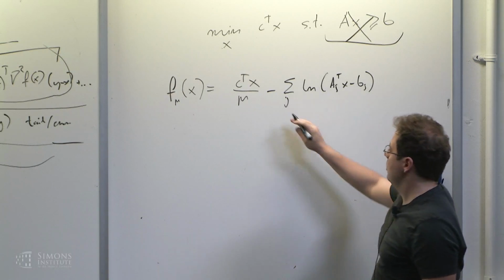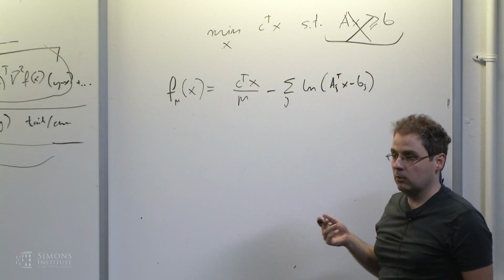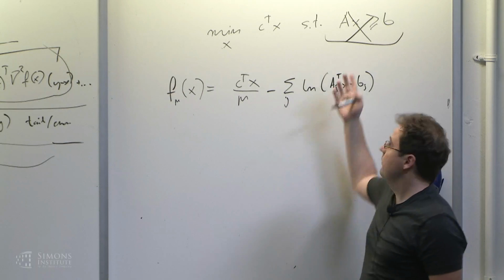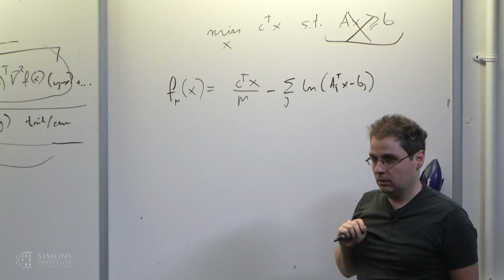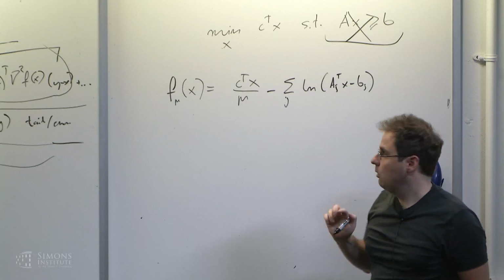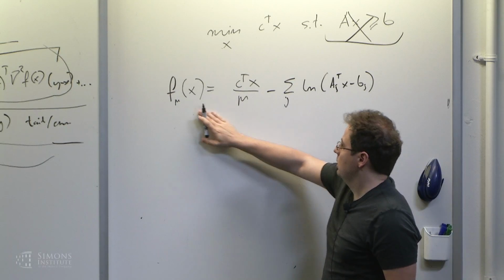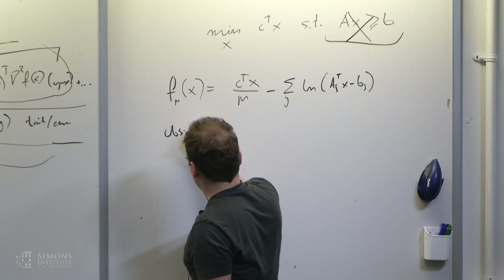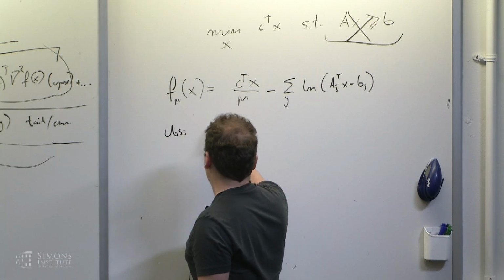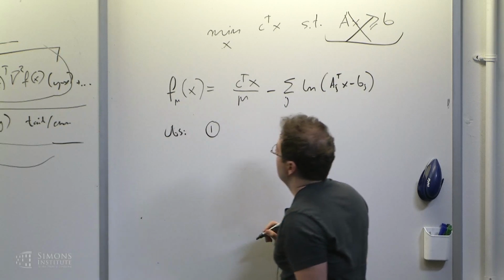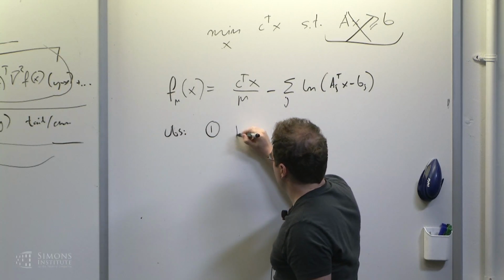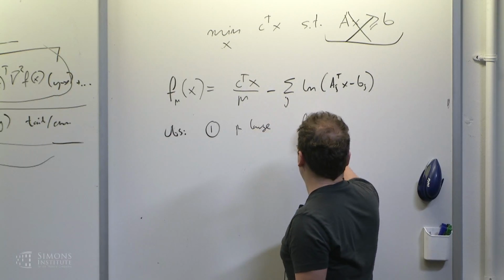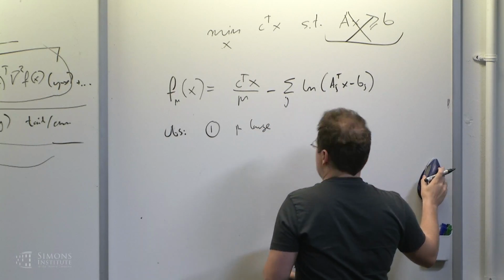So as long as I start from some feasible point and try to optimize this function, I will be naturally repelled from ever crossing into the infeasible region. Let's introduce some notation.